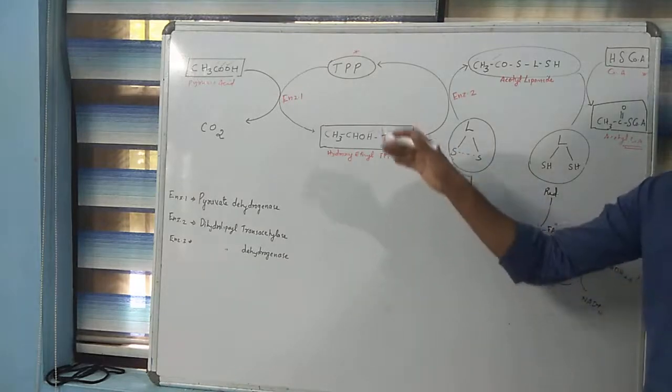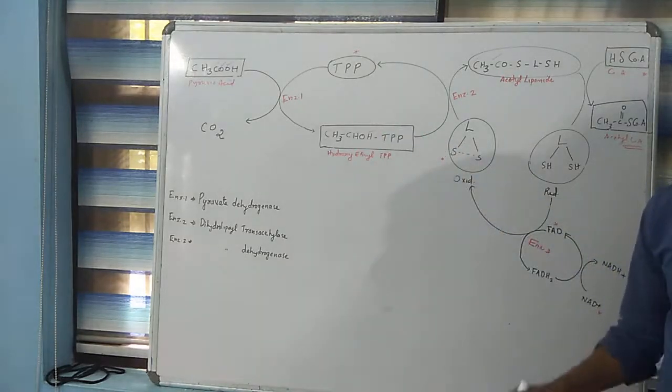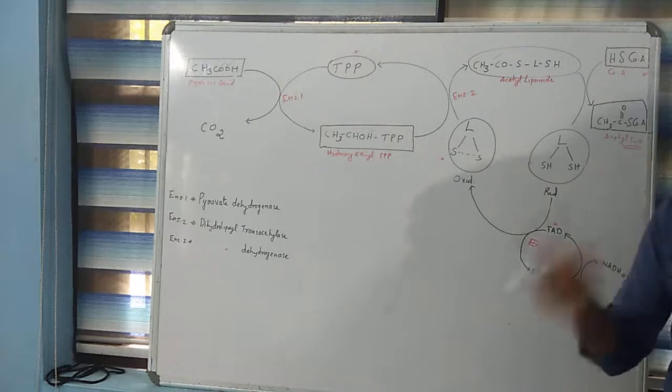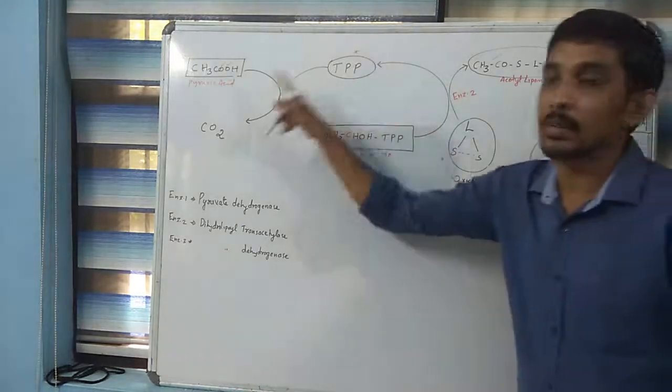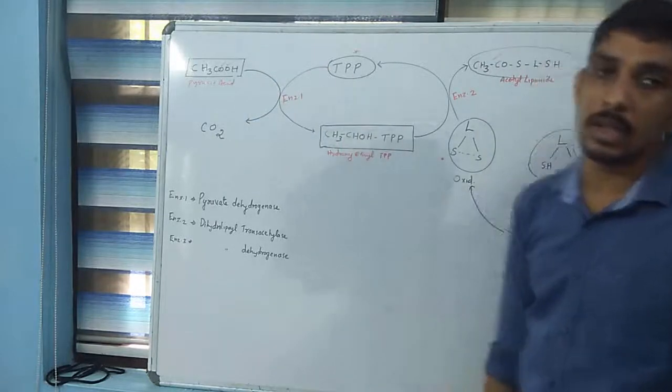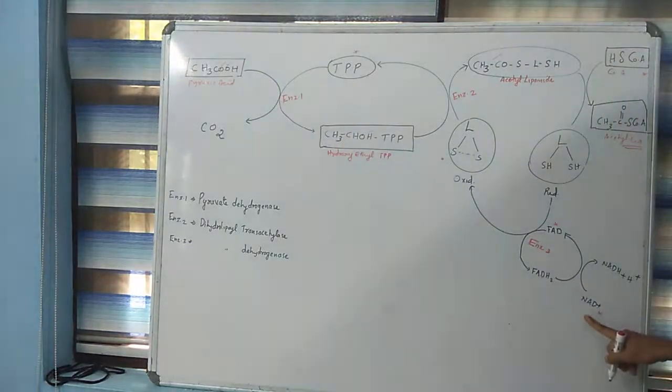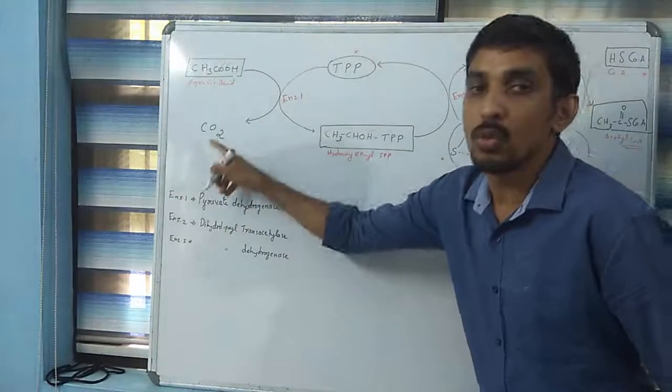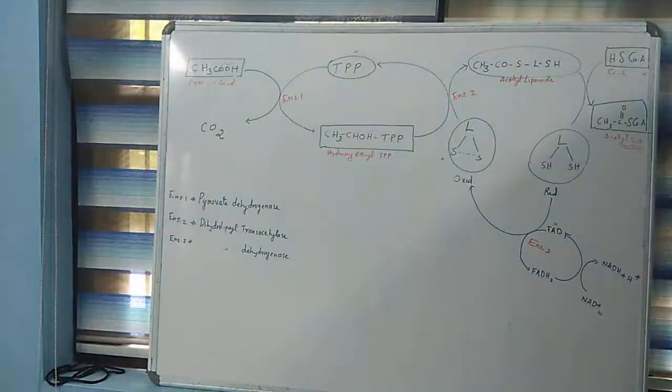Like that, our glycolytic product gives 2 pyruvic acid from 1 glucose. Here I only represent 1 pyruvic acid. If it is 2 pyruvic acid, then we will get 2 NADH2. So from 2 pyruvic acid, we will get 2 NADH2 during the Link reaction, and also 2 molecules of carbon dioxide.